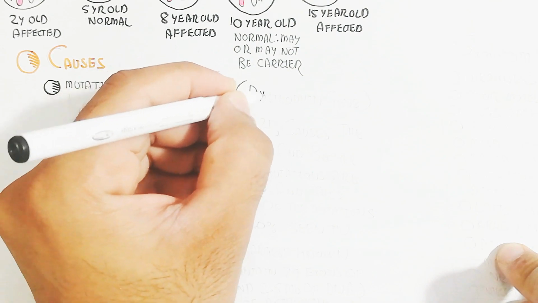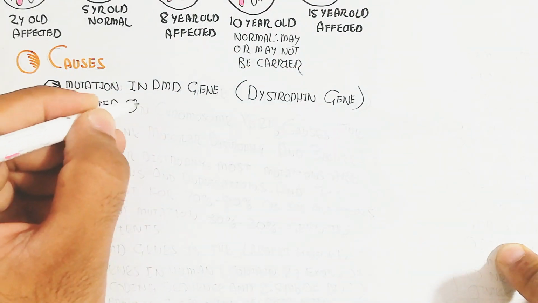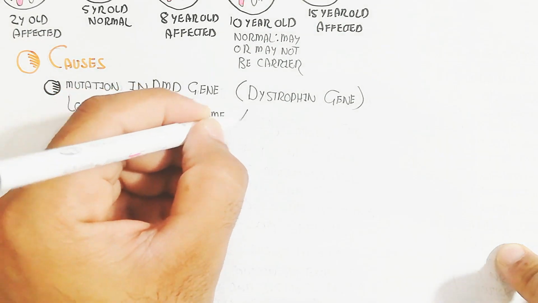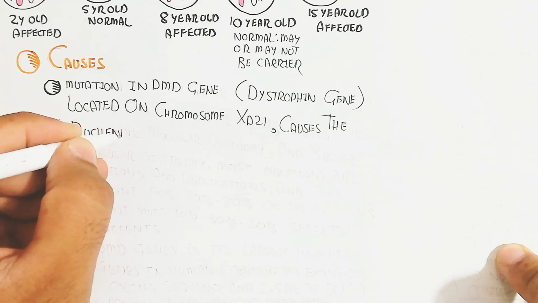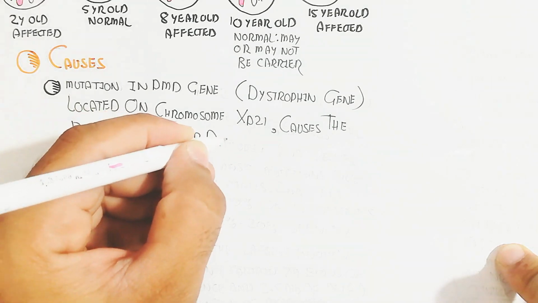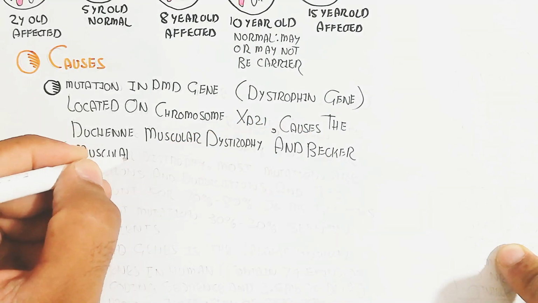The cause of Duchenne muscular dystrophy and Becker is a mutation in the DMD gene, the dystrophin gene, located on chromosome Xp21. This causes Duchenne muscular dystrophy and Becker.